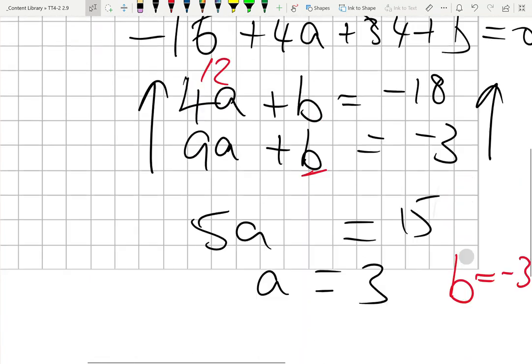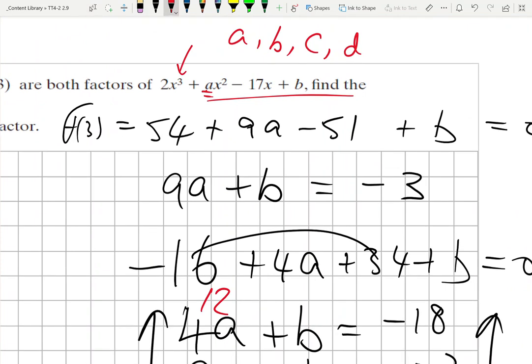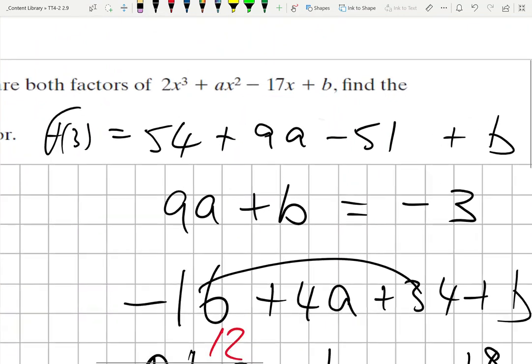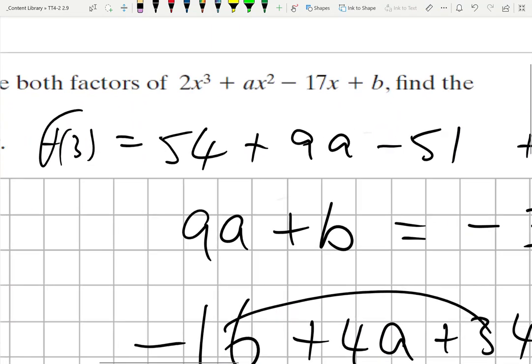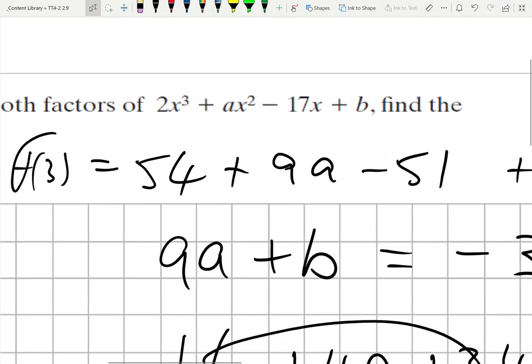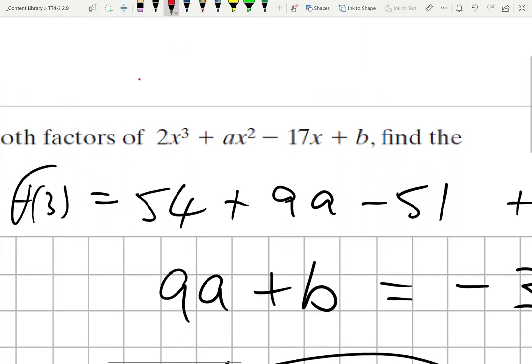Okay, so what we're going to do is analyze the situation and check that negative 2 and 3 are roots of our result. Let's do that with synthetic division. We got 2, what was A?